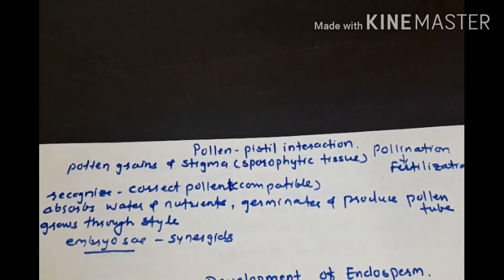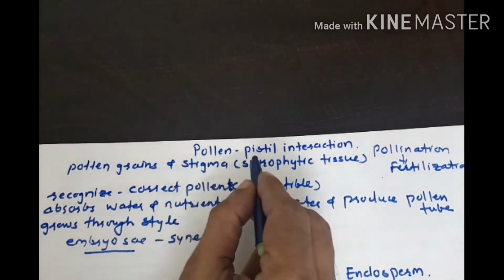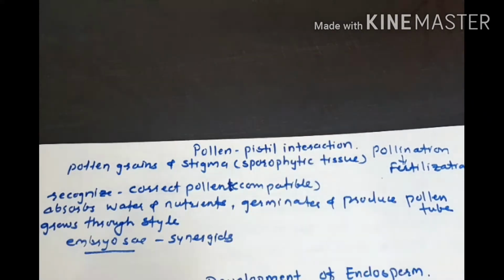One of them unites with the female gamete to form the diploid zygote, and another one unites with the secondary nucleus to form the triploid fusion nucleus. All this activity collectively we can call pollen-pistil interaction.